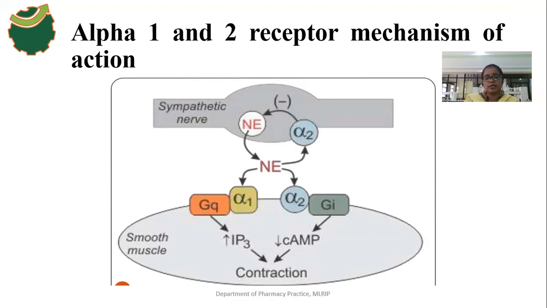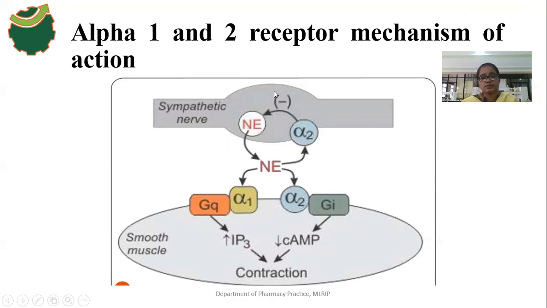The alpha 1 receptors are associated with what protein? Gq protein. And alpha 2 receptors are associated with Gi protein, that is inhibitory G protein. Here this one is the sympathetic nerve terminal.